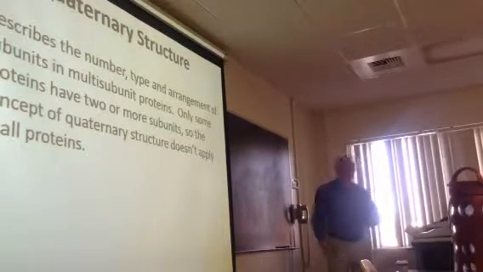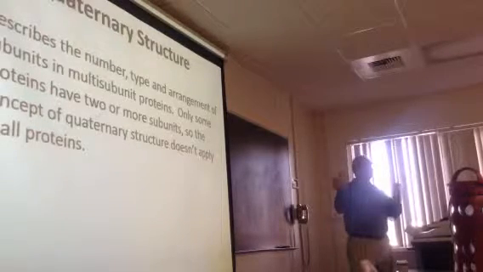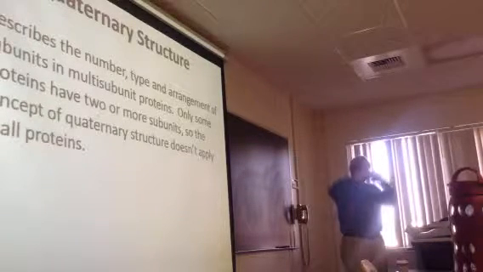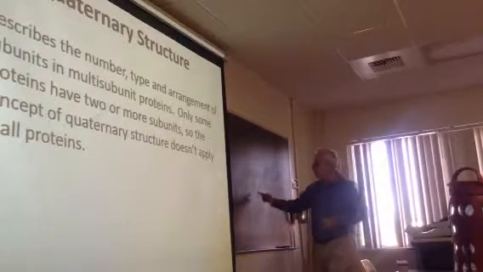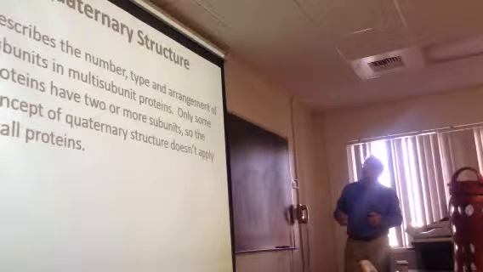A classic example is hemoglobin. It's got 4 polypeptide chains. So you have to ask the question, how do they pack together? There's different ways of doing that. They could be in a blob, they could be in a flat plane. The description of how those separate subunits pack is quaternary structure. Just tells you the number of subunits and how they pack.